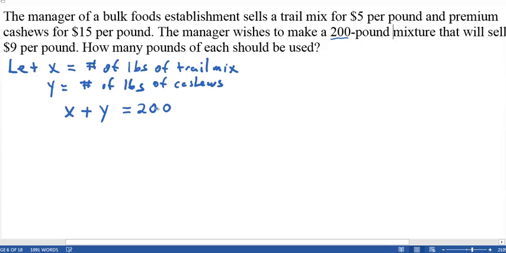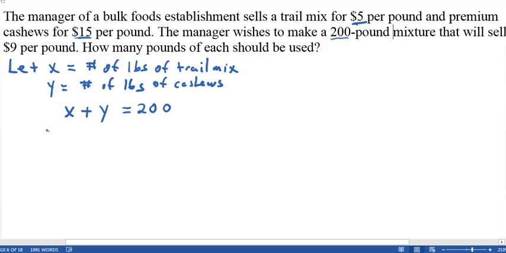The second equation will consider the dollar amounts. So it says the manager of a bulk foods establishment sells a trail mix for $5 per pound and cashews for $15 per pound. So the value of the trail mix is the cost per pound times the number of pounds.